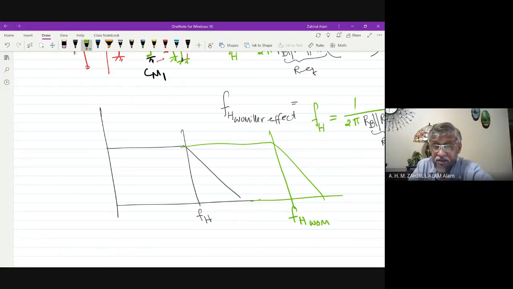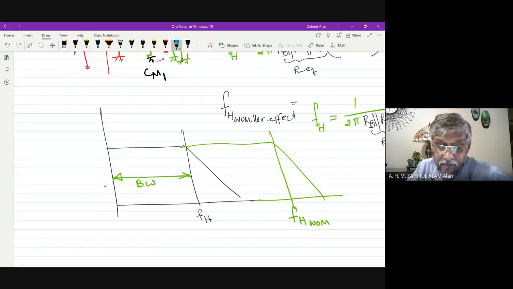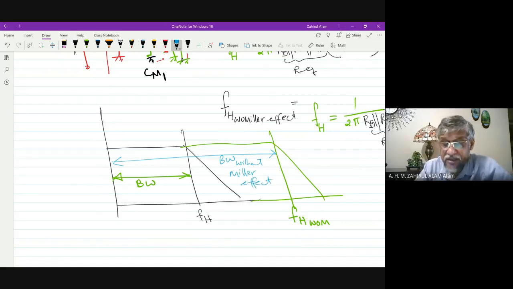And bandwidth is determined by the lowest frequency. So this is the bandwidth of the amplifier. So it shows that if you don't consider the Miller effect, then our bandwidth is this. So this is the bandwidth without the Miller effect. And due to the Miller effect, our bandwidth is reduced by a factor of many orders.